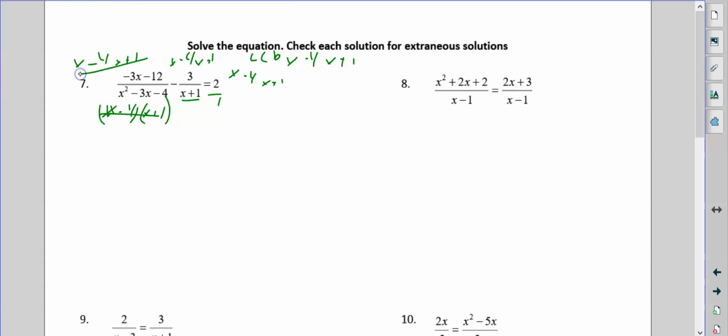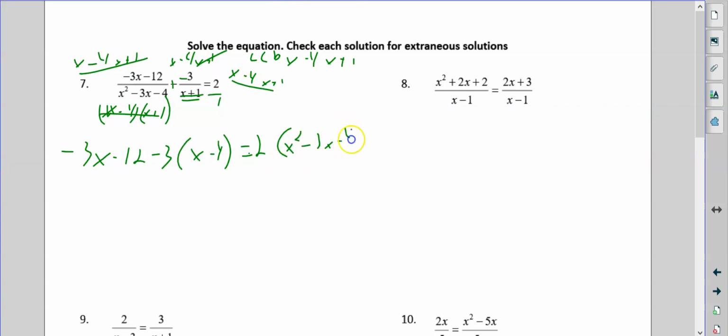Here, everything cancels, leaving me just the negative 3x minus 12. Here, just the x plus 1 cancels, leaving me, be careful, it's a minus 3 times the x minus 4. And on this side, nothing cancels, so I have 2. And now to save myself trouble, because I already know what this multiplies out to be, I'm just going to copy the x squared minus 3x minus 4.